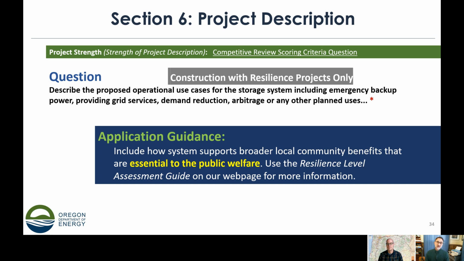This is another area where, for this round, we have produced a basic guide that's available in the applicant help tab. That's the resilience level assessment guide.